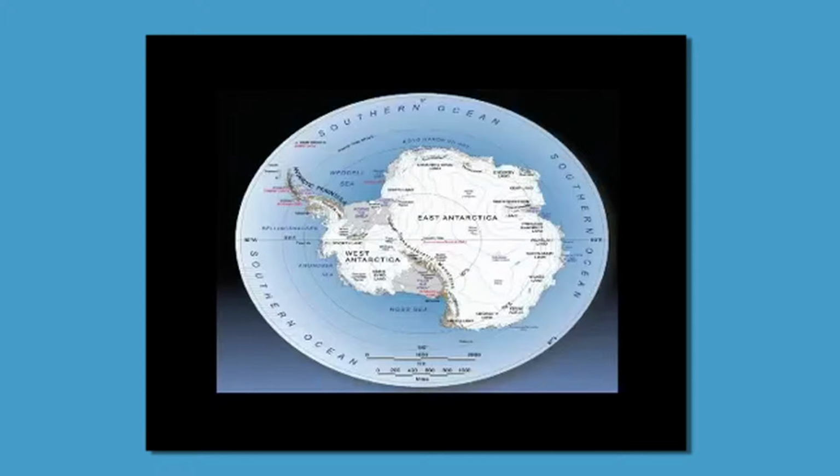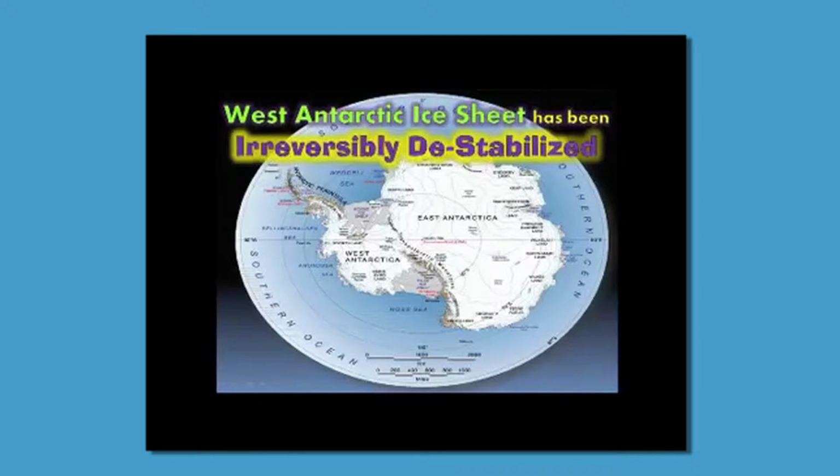Here's a map of Antarctica if you need one for reference, and it has a lot of different bits on it. So the part that is melting down right now is West Antarctica. East Antarctica is melting as well, but not as strongly. But we do know that the West Antarctic ice sheet has been irreversibly destabilized, which means it's going to melt entirely.